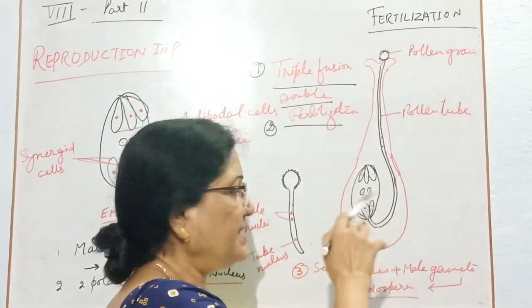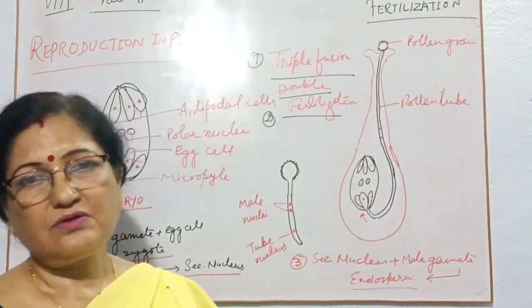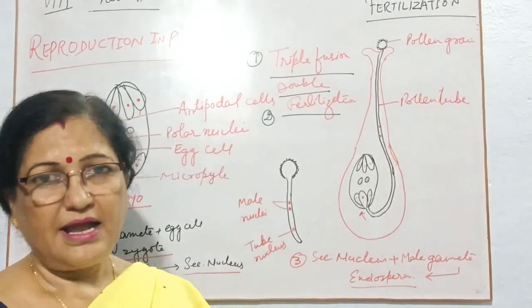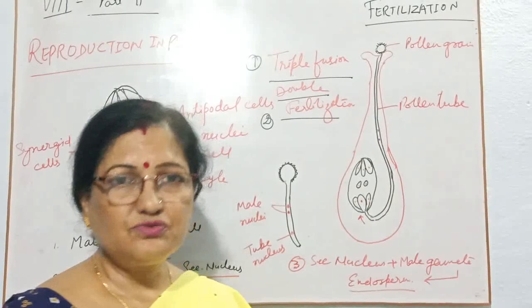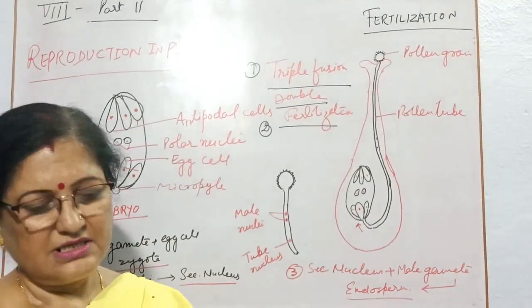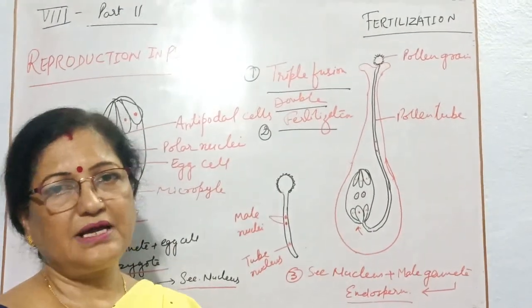Only the fruit remains in the plant, and the plant will help to ripen it, and after ripening of the fruits, it will help to produce the new generation by the seeds. This is the total process of plant reproduction.